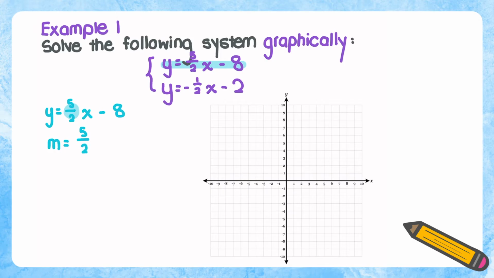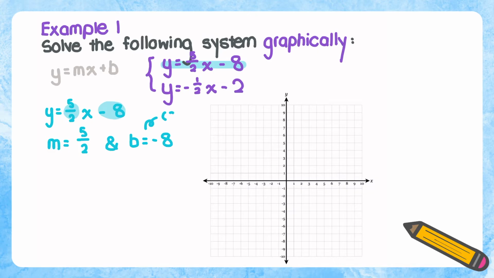We'll rise 5 and run 2. And then what about our y-intercept? Well, b equals negative 8. Again, this is based on the slope-intercept form, which is y equals mx plus b.